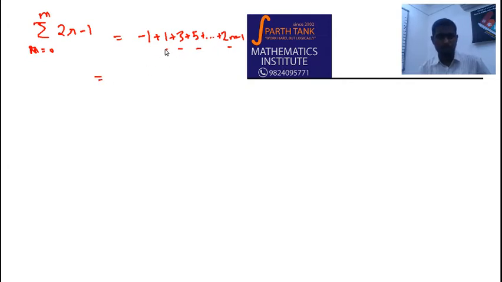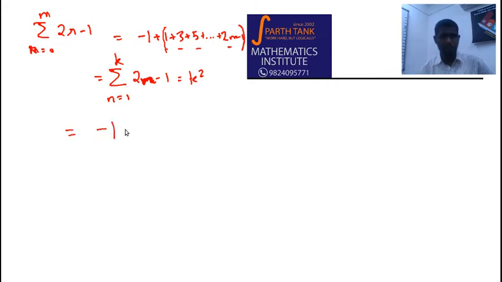So summation of the first m odd numbers is m squared. Remember, summation of 2n minus 1 from n is equal to 1 to k is k squared. The first k odd numbers added together is k squared. So this part here is nothing but m squared.